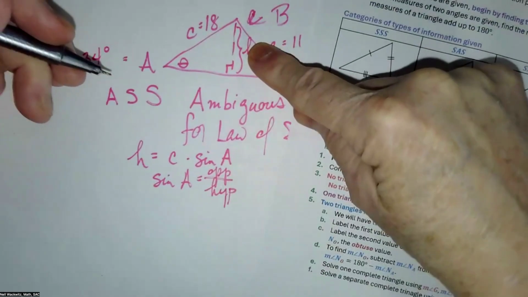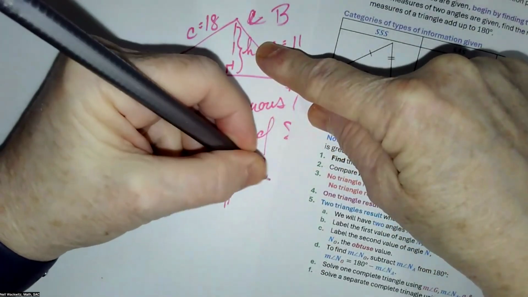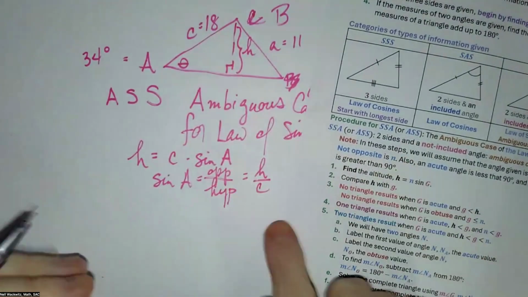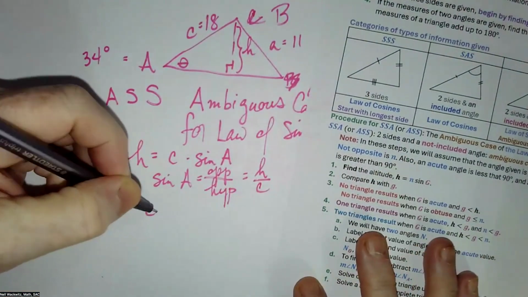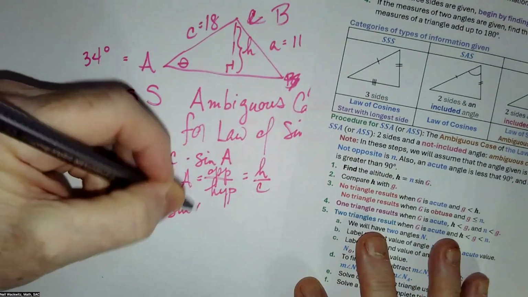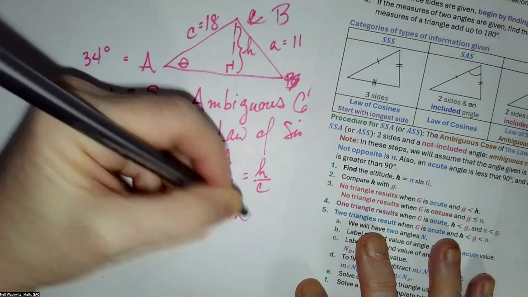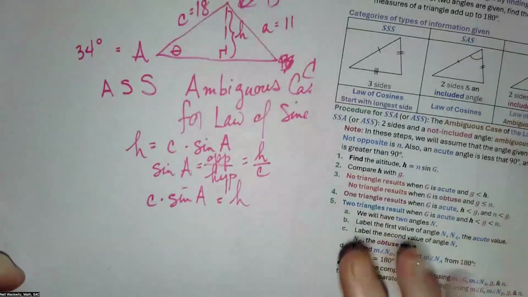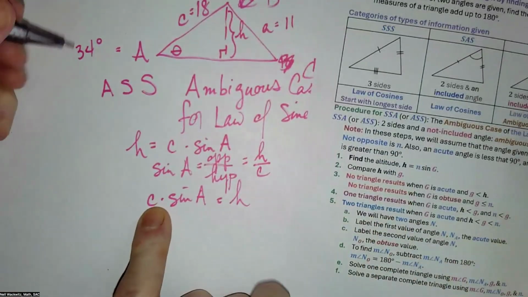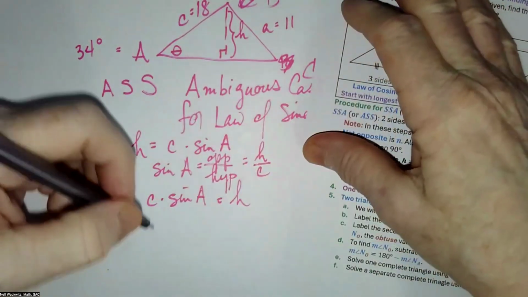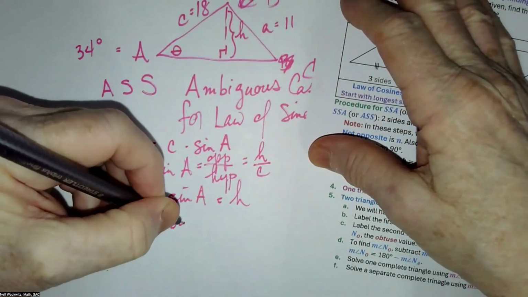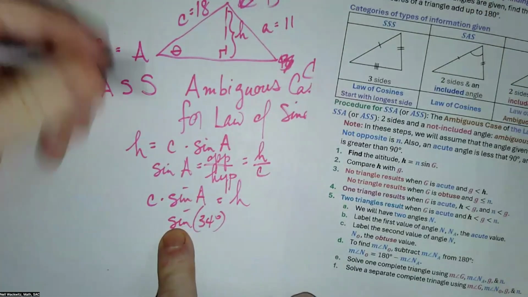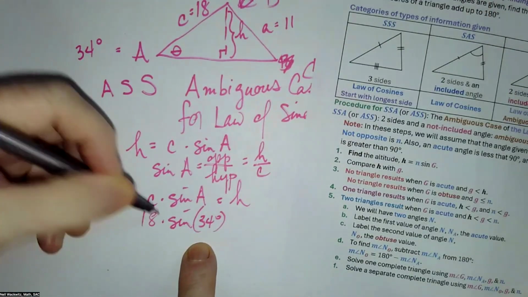Well, the opposite is h. The hypotenuse is c. If we multiply both sides by c, we get c times sine A equals h, which is what we want. So let's do that. A is 34 degrees, c is 18.